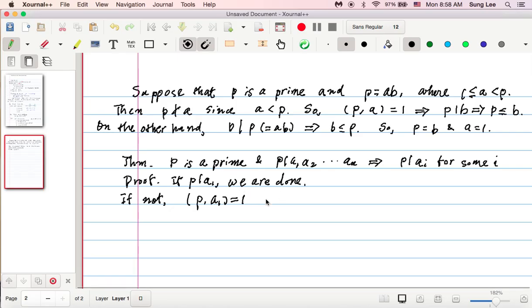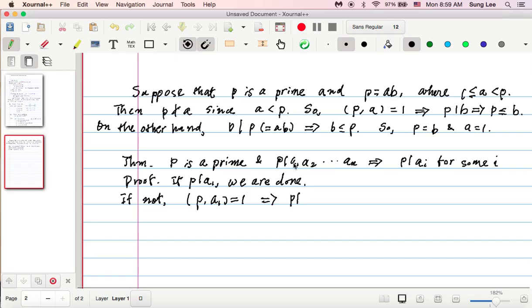Okay, so that means, again, by the property I mentioned earlier, one of the properties regarding relatively prime numbers. In the case P divides the product of these numbers, but P and a1 are relatively prime, P must divide the rest.